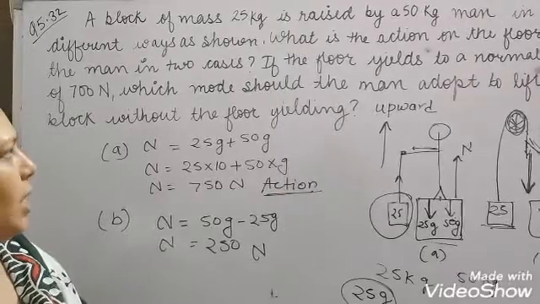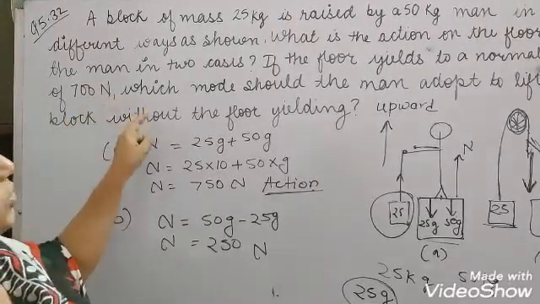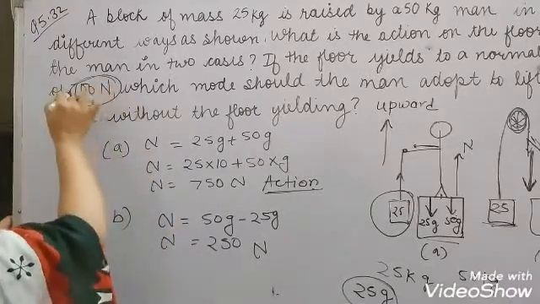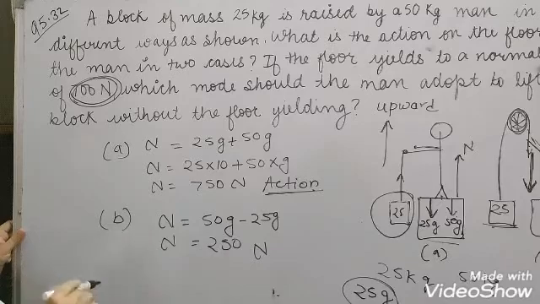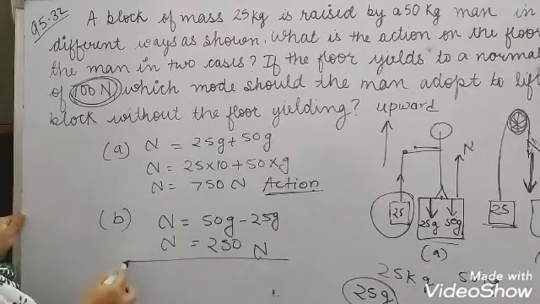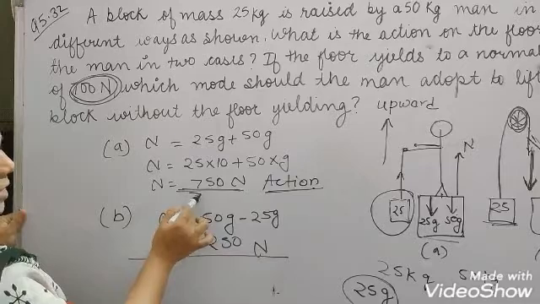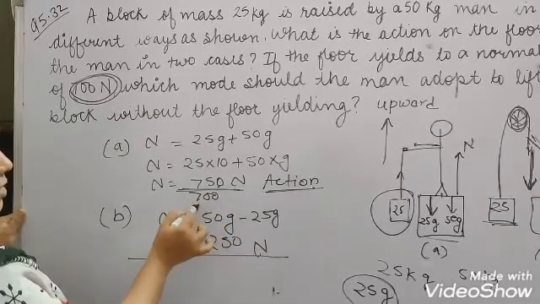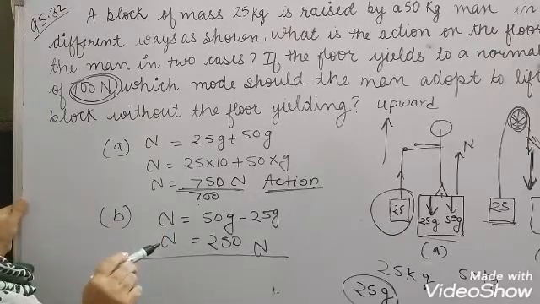Now it is asked: if the floor yields to a normal force of 700 Newton. In the first case, the force will be 750 Newton, which is 50 more than 700, so the floor would yield. That can be managed by the second case. So which method should the man adopt?